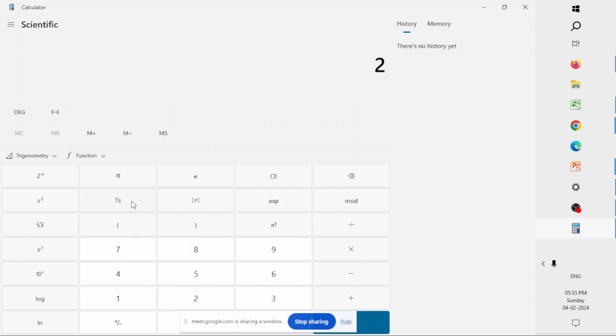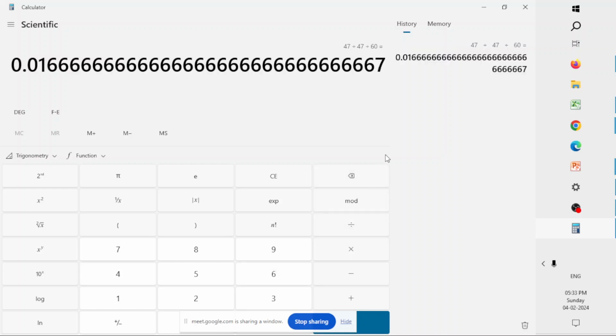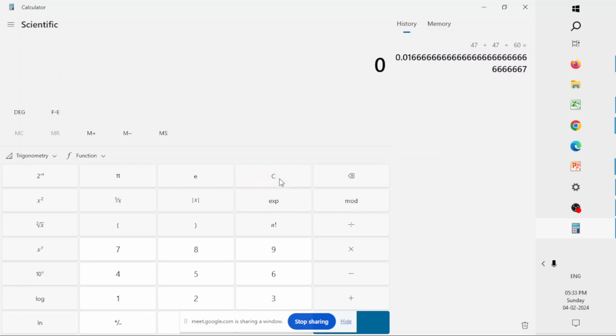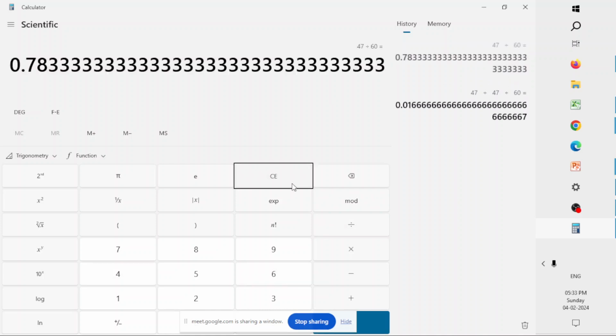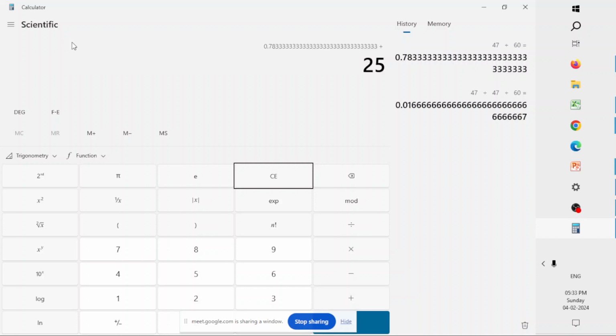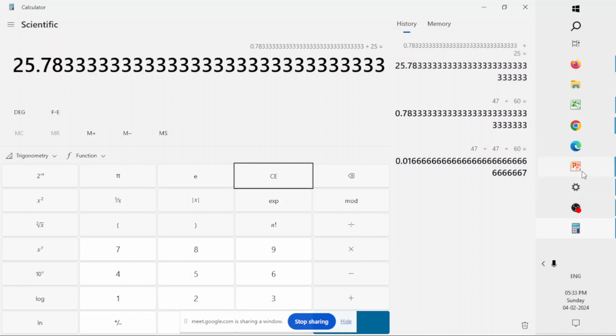It's 47 minutes, right? 47 divided by 60 is 0.7833, plus 25, gives 25.7833 degrees.